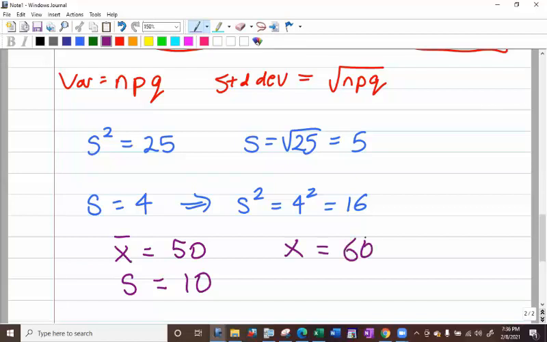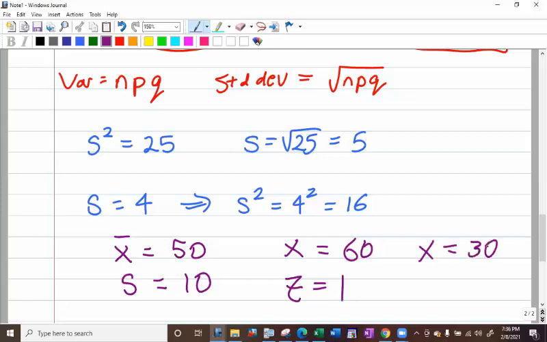That would have a z-score of 1, because if you take 50 and add one unit of 10, adding 1 times 10, that gives you 60, doesn't it? So it's exactly 1 standard deviation above the mean, so the z is 1. And whenever it's below the mean, it'll be a negative z-score.